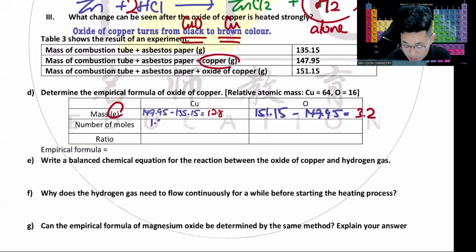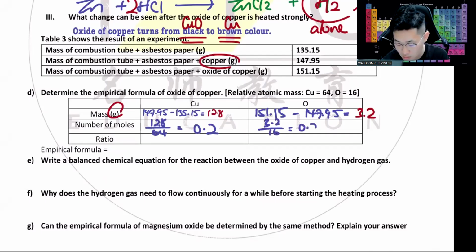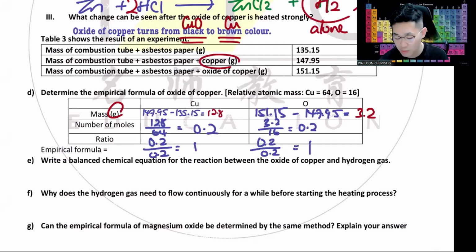So the ratio is going to be 1 to 1. So the empirical formula is CuO.